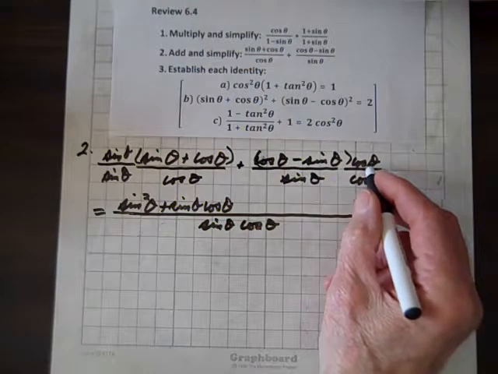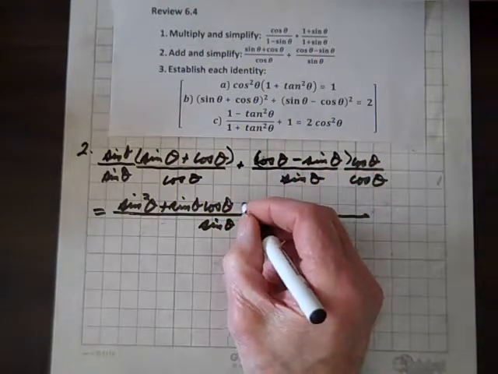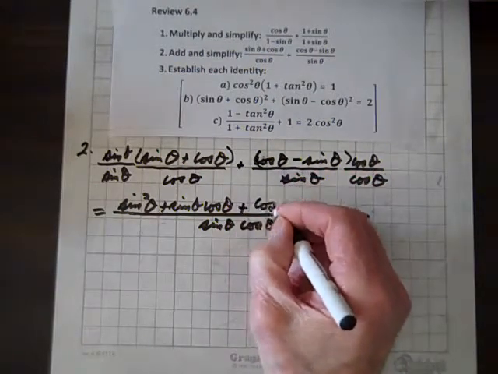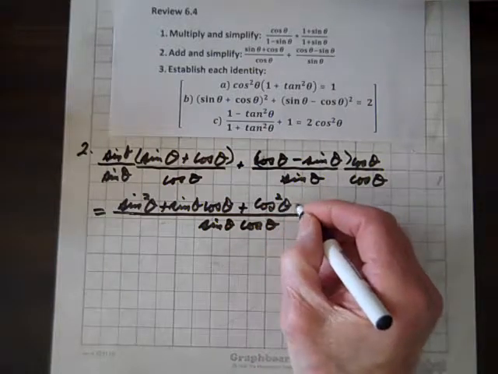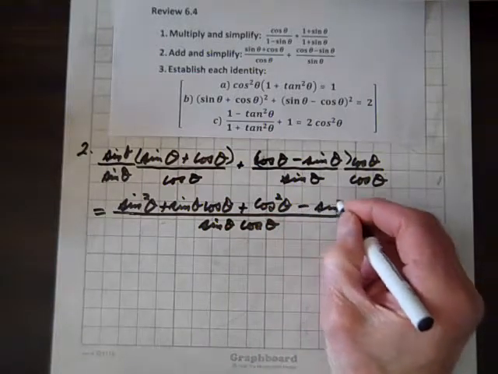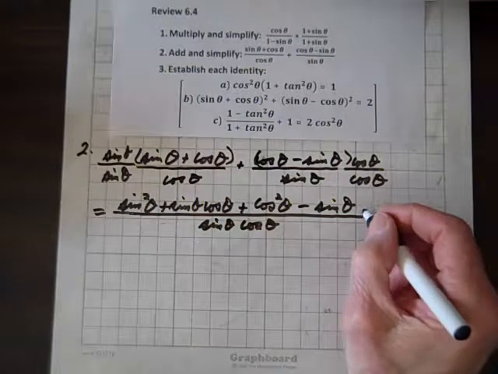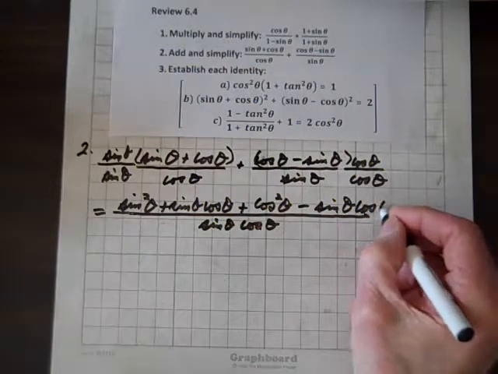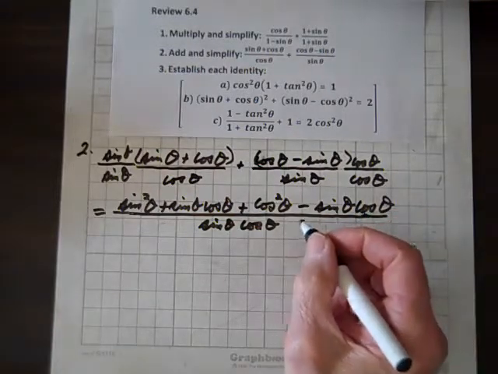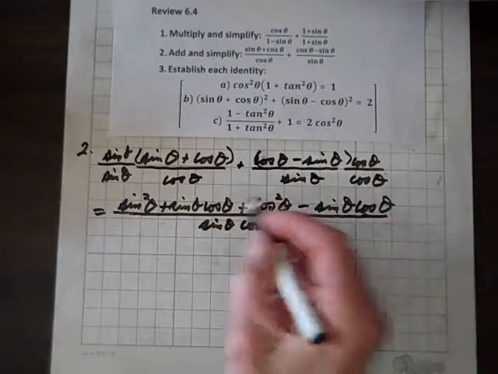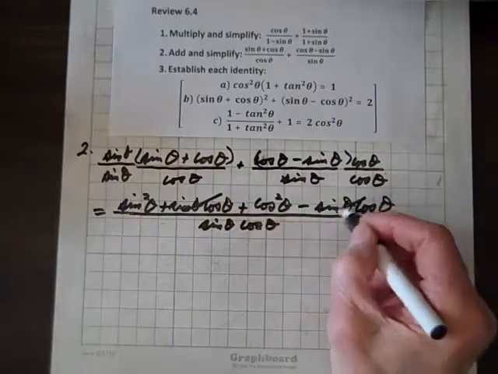And distributing that cosine of theta there, we get cosine squared theta minus sine theta cosine of theta. Now, these sine theta cosine of theta terms are going to add out.